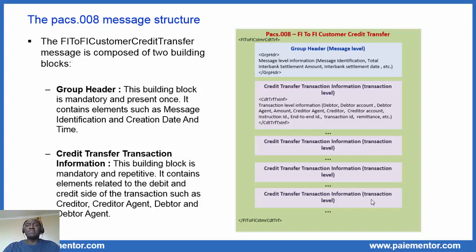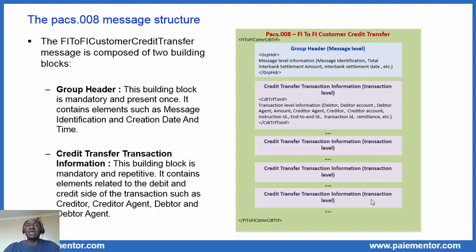It contains elements related to the debit and credit side of the transaction, such as creditor agent, debtor agent, instruction ID, entry ID, transaction ID, remittance information, and so on. Many are not aware that the credit transfer transaction information contains elements related to the debit side as well as to the credit side of the transfer.